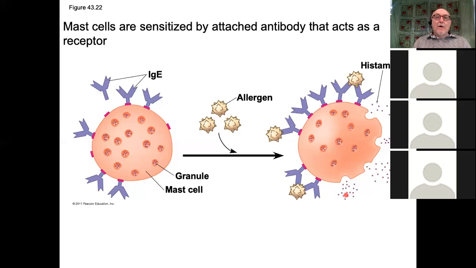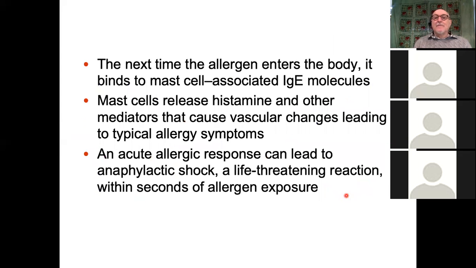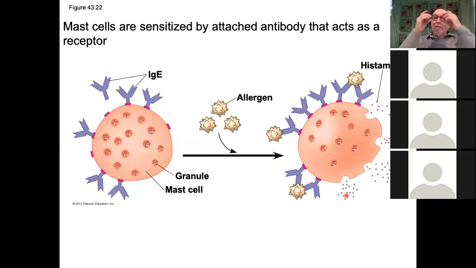Here's another problem, and that is that if instead of just having a localized exposure, you get a global exposure. For example, let's say that the original allergen was something like a bee venom. Okay, so how does bee venom work? It gets injected into you. It circulates throughout your body.